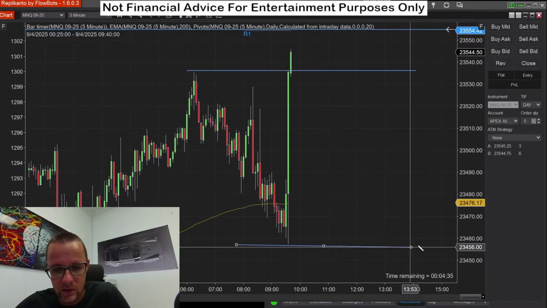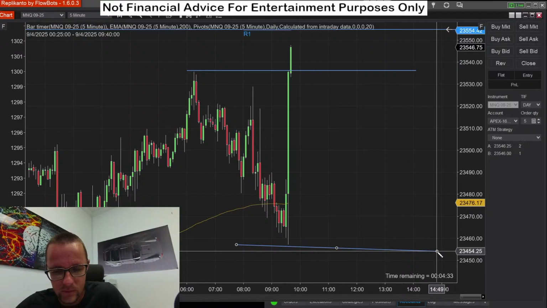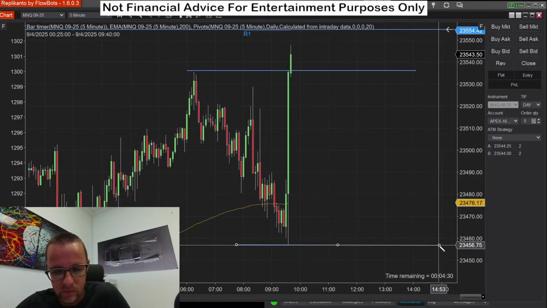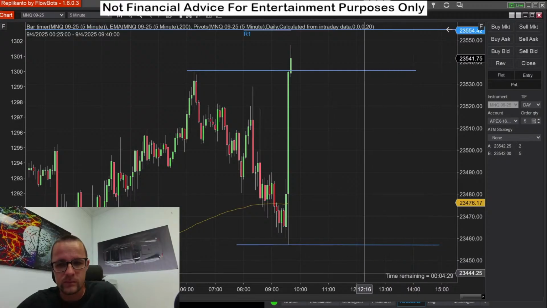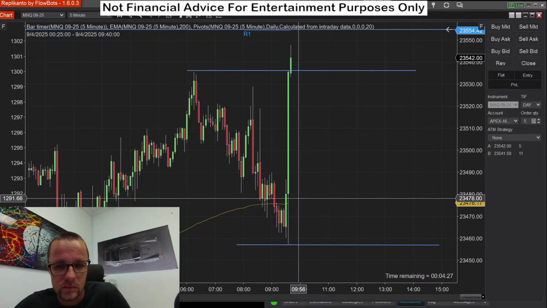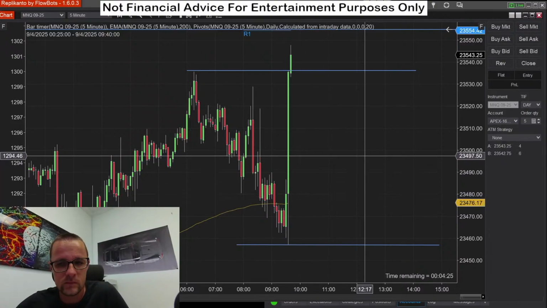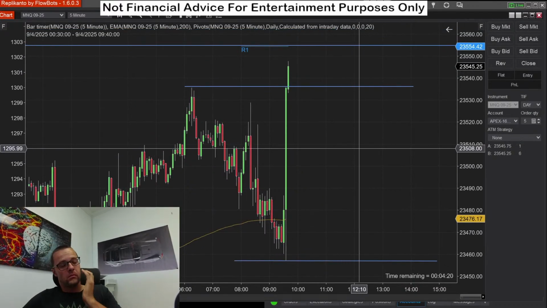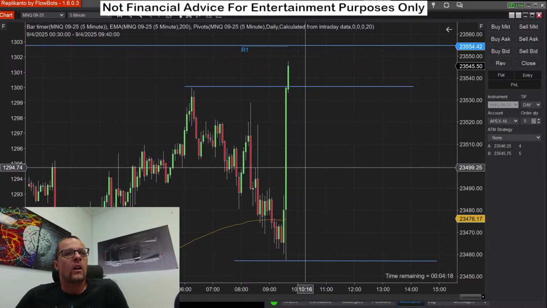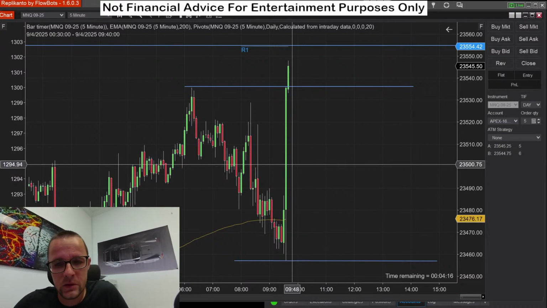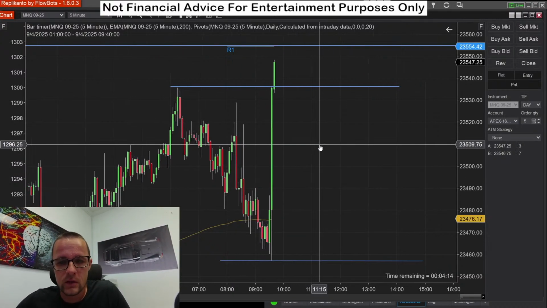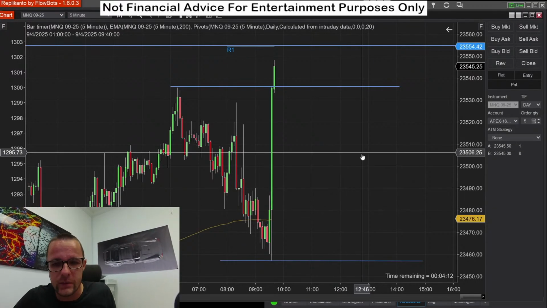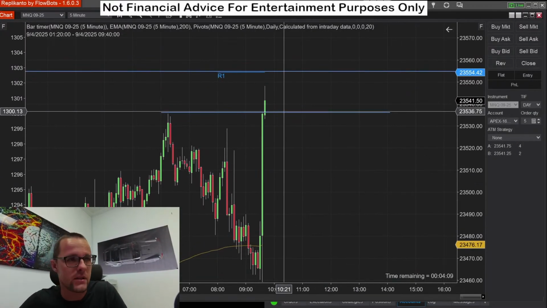So there's that range. We'll see what happens here. Can we close outside the range and then maybe get a setup back into the range?